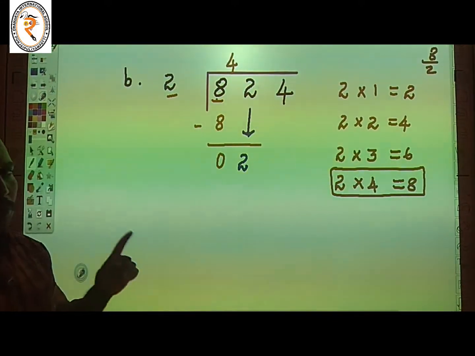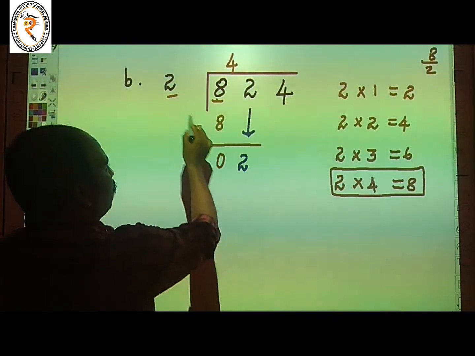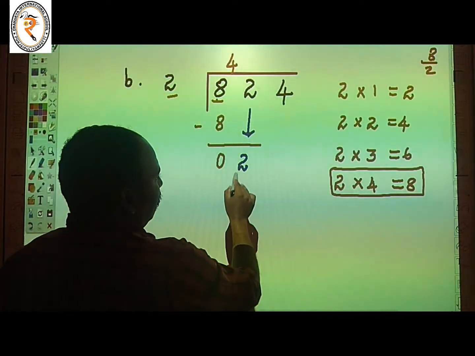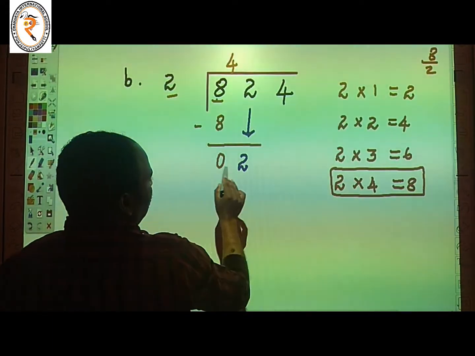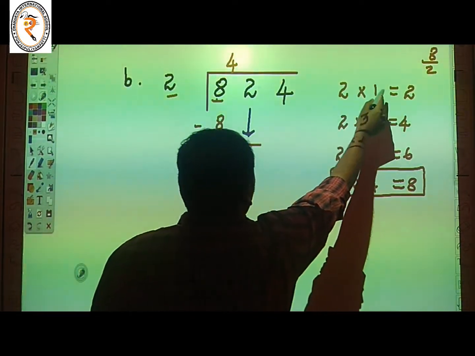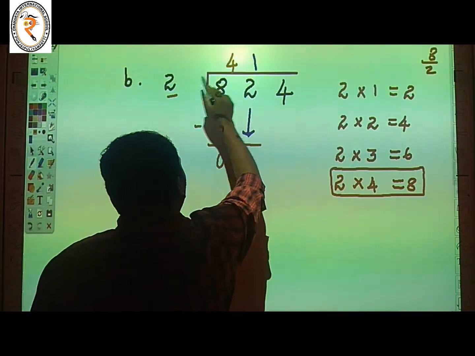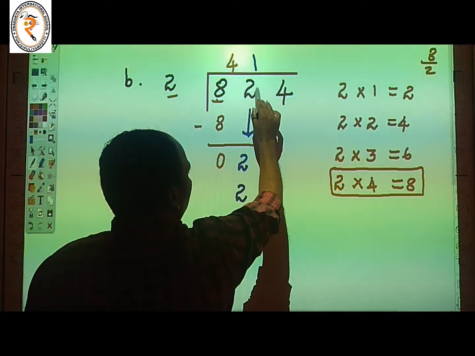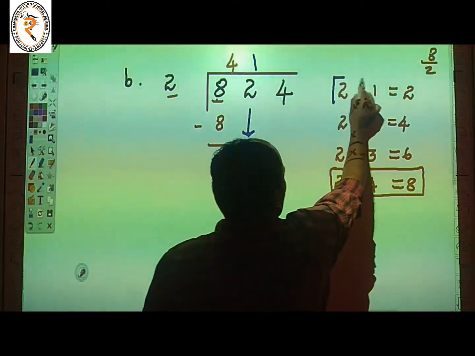It is a new dividend. Next we go to 2 divided by 2. It is the dividend and 2 is the divisor. That means 2 into 1 is equal to 2.